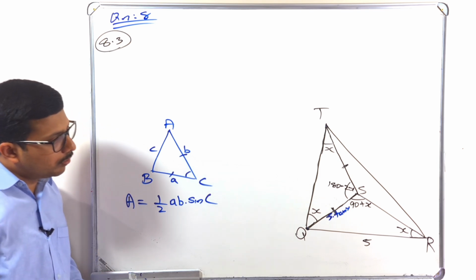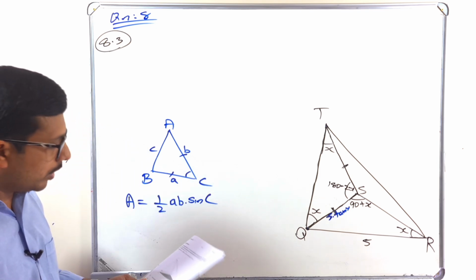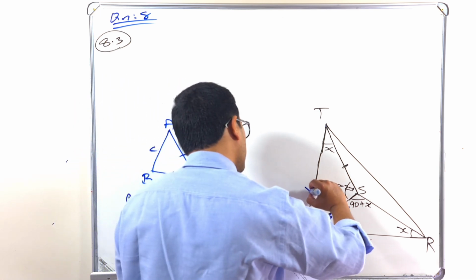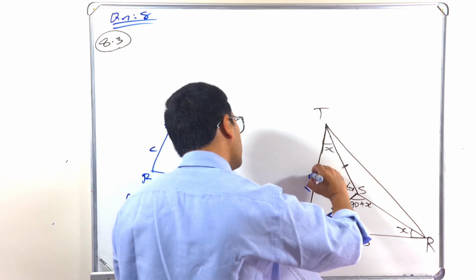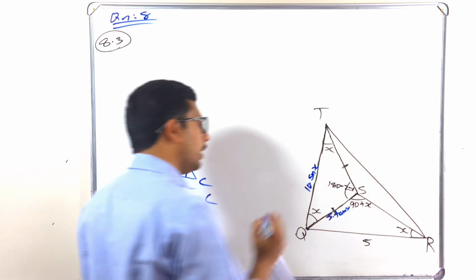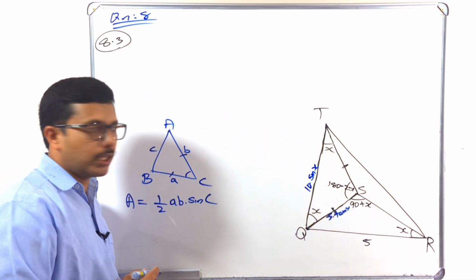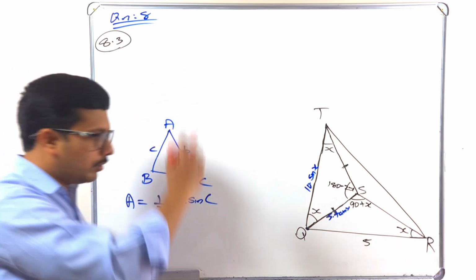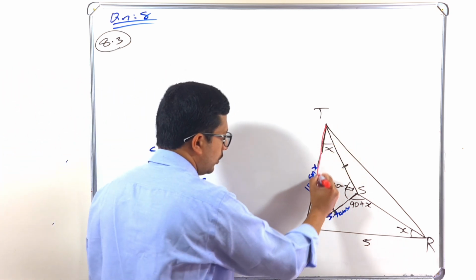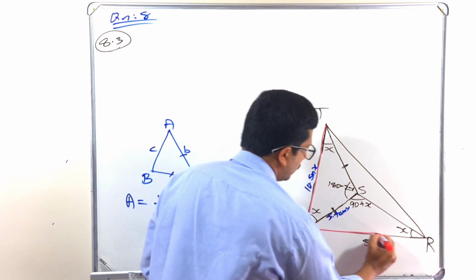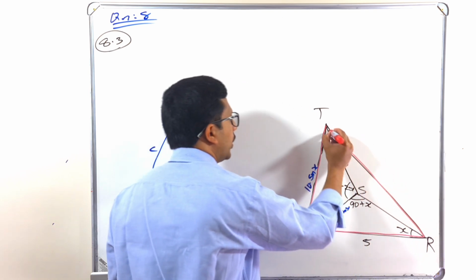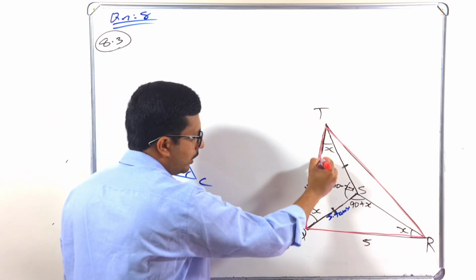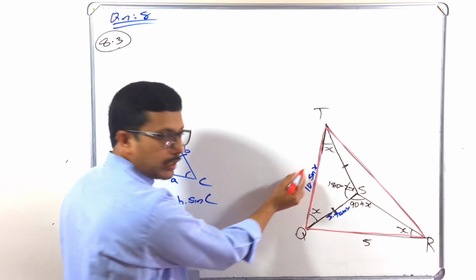So here look at this one. We already got an expression for QT, that is 10 sin x. Do you remember that one? We got an expression for that one. In this question, we have to find the area of the whole big triangle, this one. This side we know is 10 sin x.